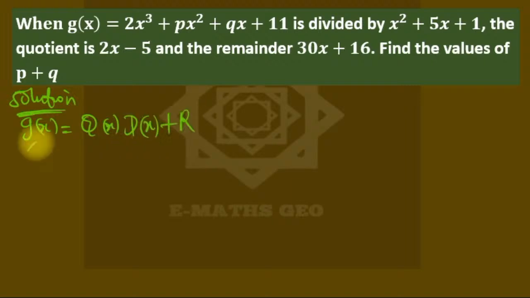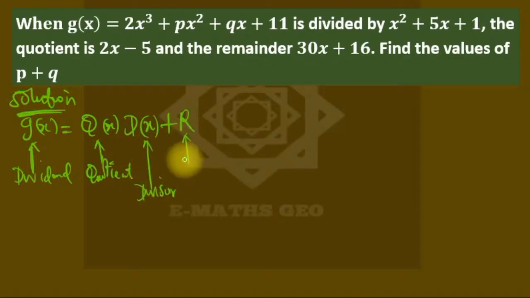This is the dividend, this is the quotient, this is the divisor, while this is the remainder. So every polynomial is like this.